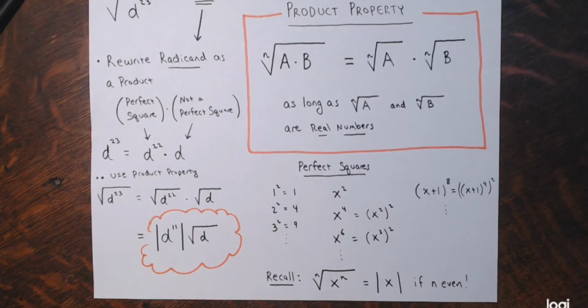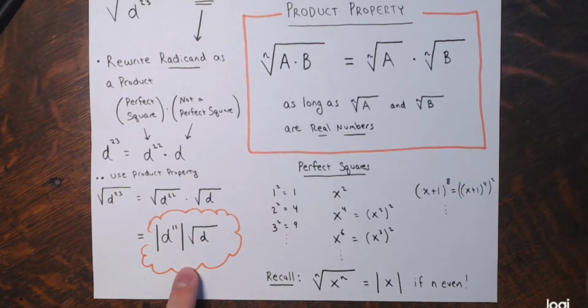And with odd roots, remember, you don't need to worry about absolute values. You don't need to worry about having the root be the principal even root. Odd roots can be anything. Odd roots can be positive. Odd roots can be negative.